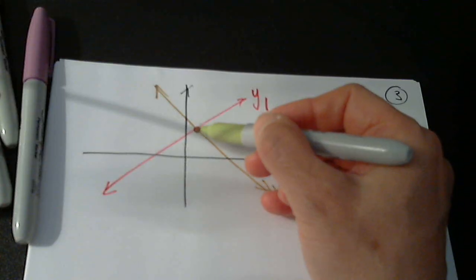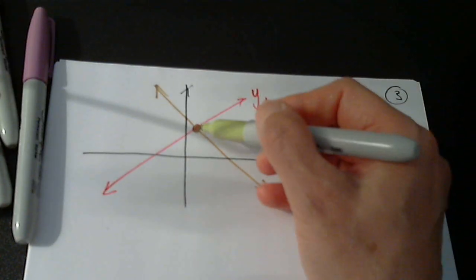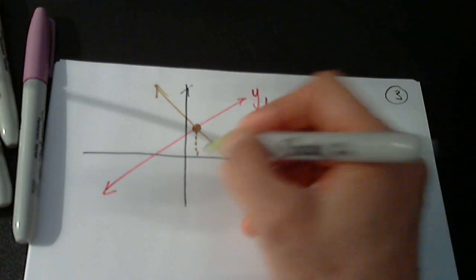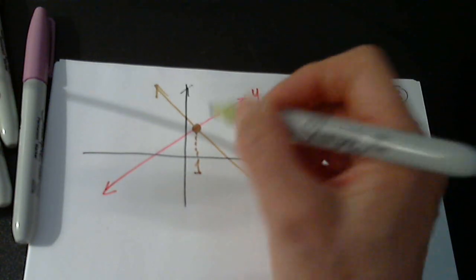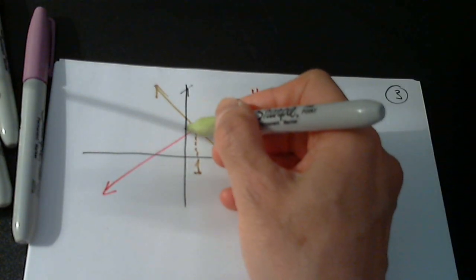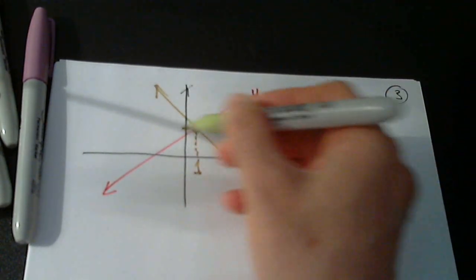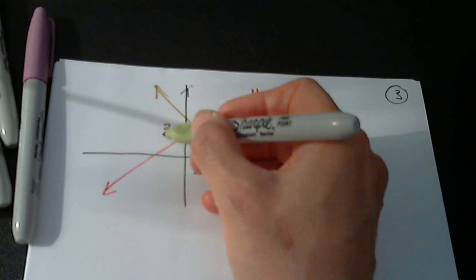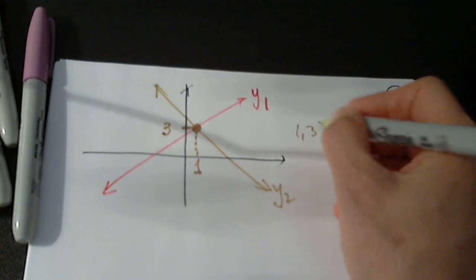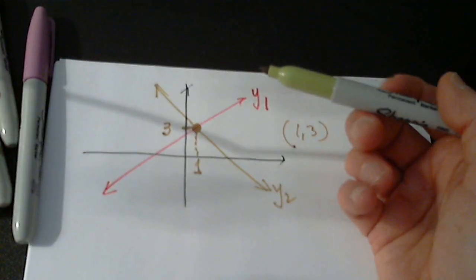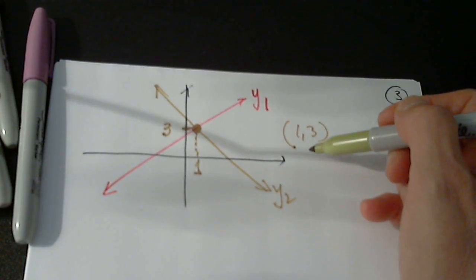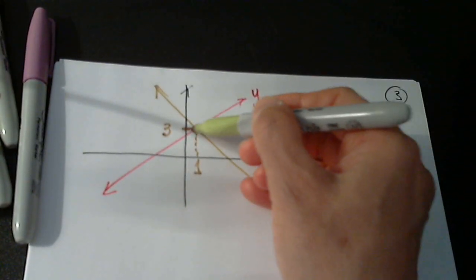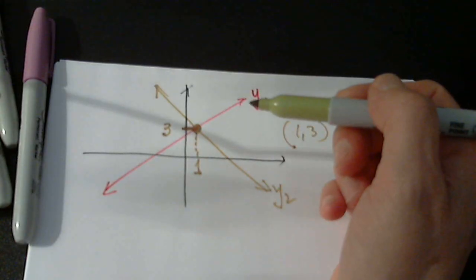See, they intersect at this point. So at this point, let's say x equals 1, both y values are the same. Let's say 3. So at 1 comma 3, these two lines intersect. They have to have the same value if they intersect.